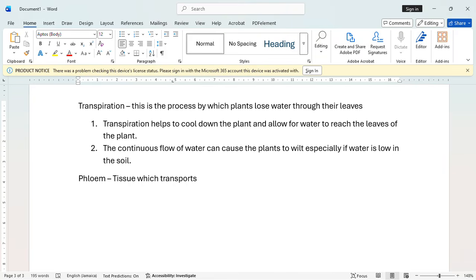All right. So, yeah, in the form, we call it sap. So the phloem is adapted to do this. Anybody knows what the phloem has?